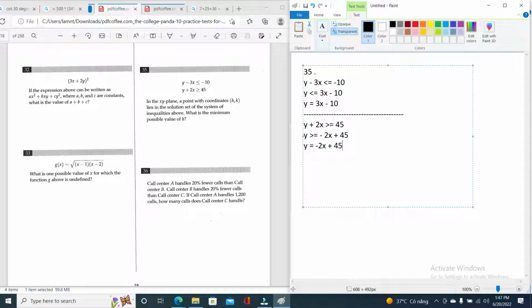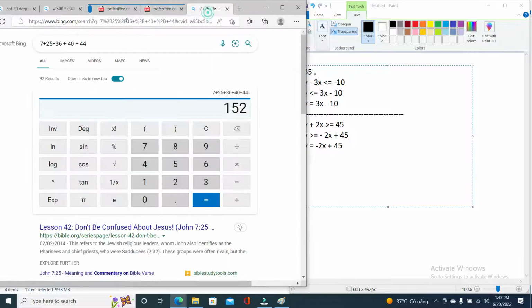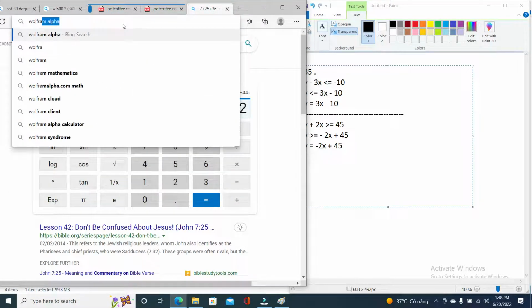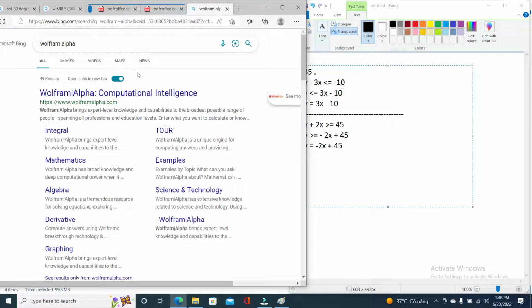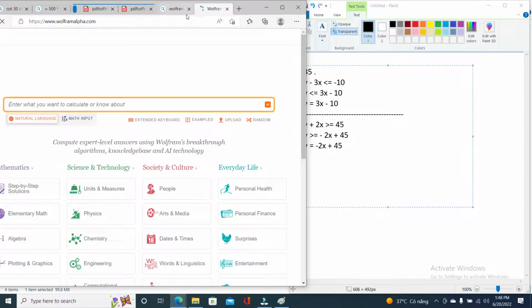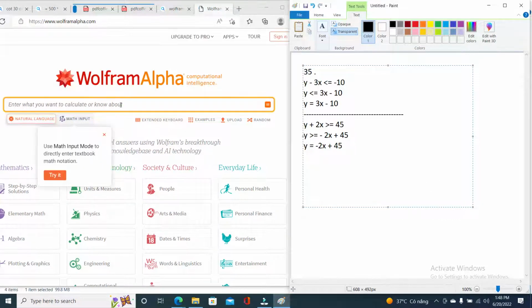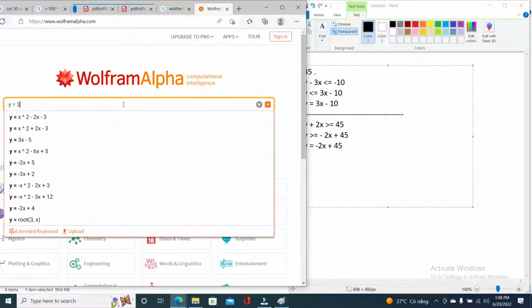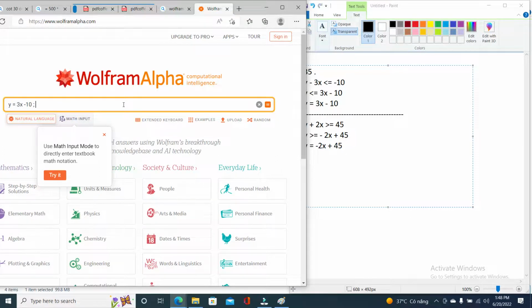So let's go to Wolfram Alpha and draw it out. y equal to 3x minus 10 and y equal to minus 2x plus 45.